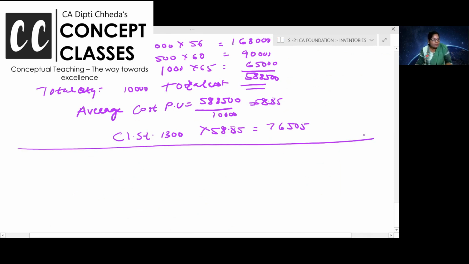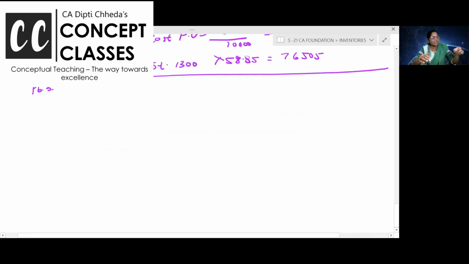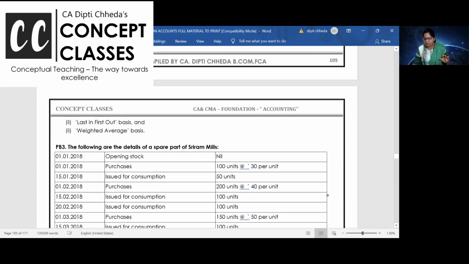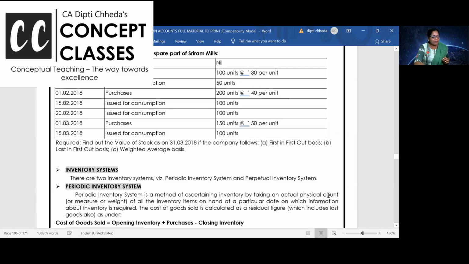Now, problem 3. Okay. Chalo. Problem number 3, I think now you can do it as homework and you keep the answers with you so that you can check it yourself.